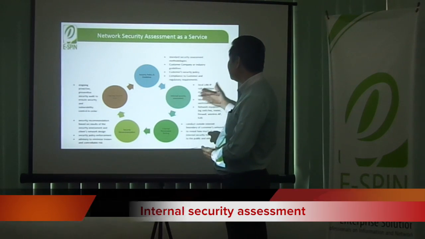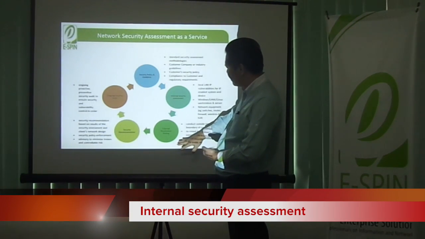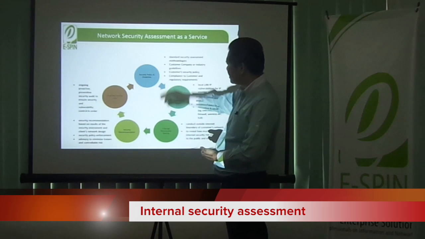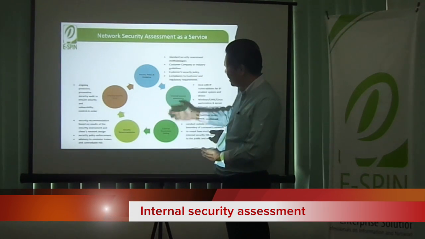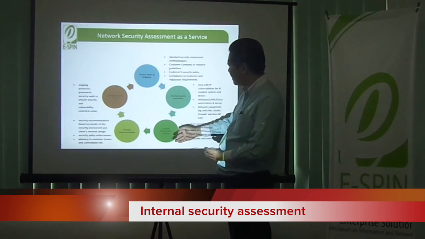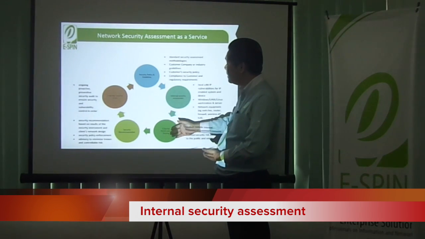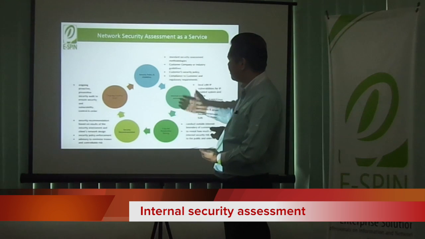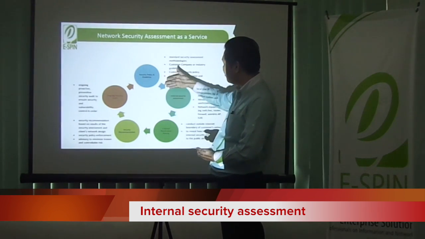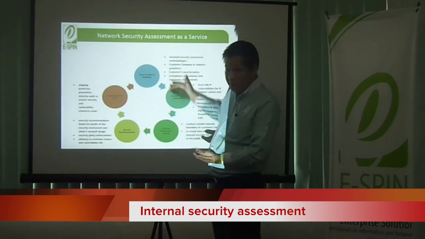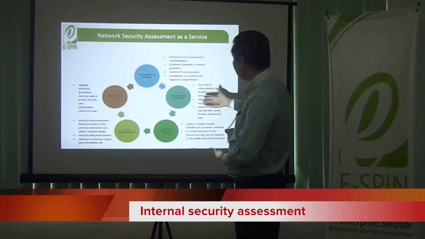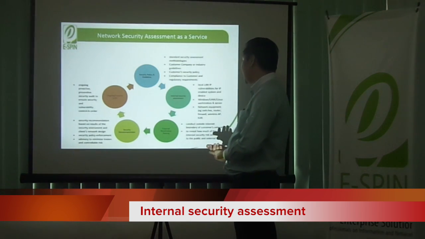So, internal security assessment and external penetration testing, some will start from the policy, then external penetration testing, then internal security assessment. For us, it is just fine because we can do it from inside out or outside in, right? So we talk first about the internal security assessment.